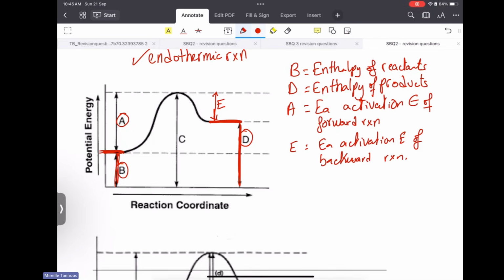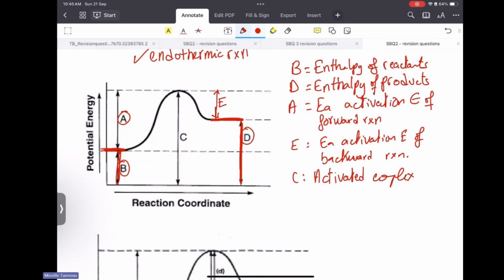C is what? C is the activated complex because it's all the way down to the x-axis. Therefore, the difference between B and D, I will call it F. F is the enthalpy change of the reaction, and in this case, it's a positive value.